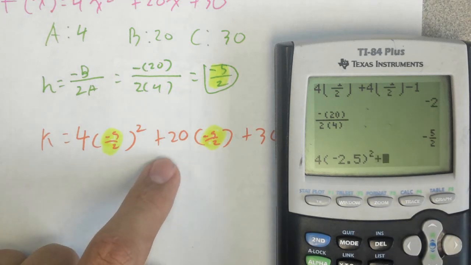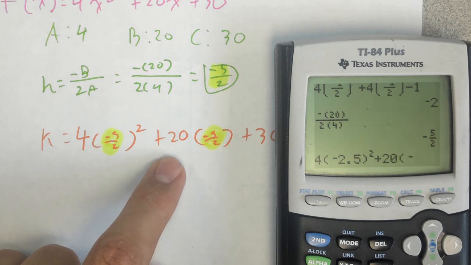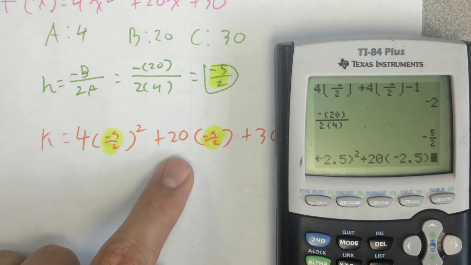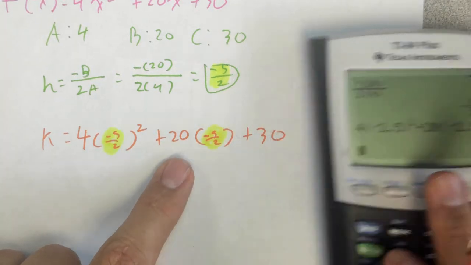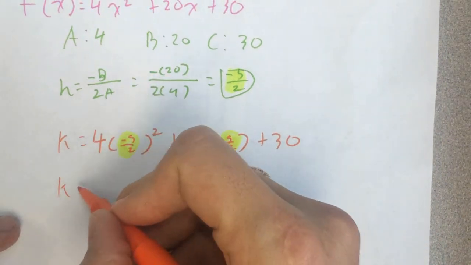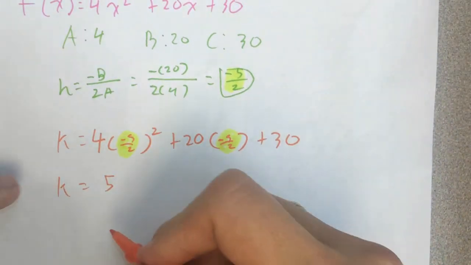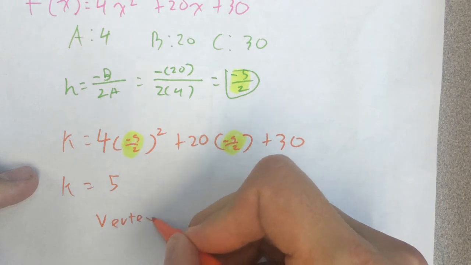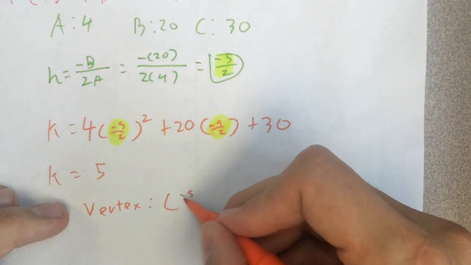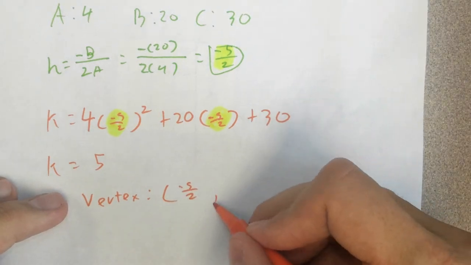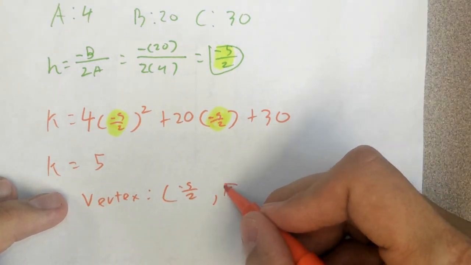Squared plus 20 parentheses negative 2.5 plus 30, and I press enter, and I get 5. That tells me K is equal to 5. So when I write my vertex, I have H, which is negative 5 over 2, and my K is 5.